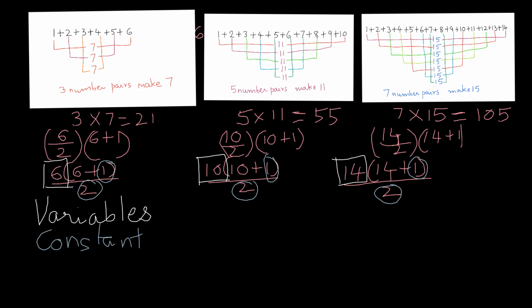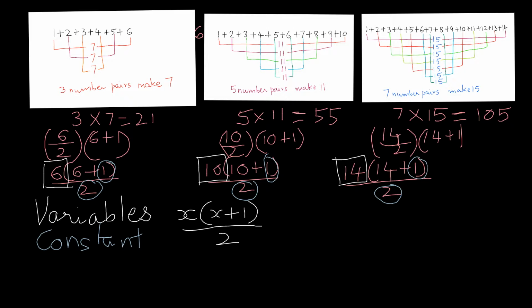Now in this case, if I were to use a variable x in place of the numbers that changed, then I would get an expression which would read as x times x plus 1 over 2. Now this expression is one comprehensive expression which gives me the sum of consecutive natural numbers from 1 to x.